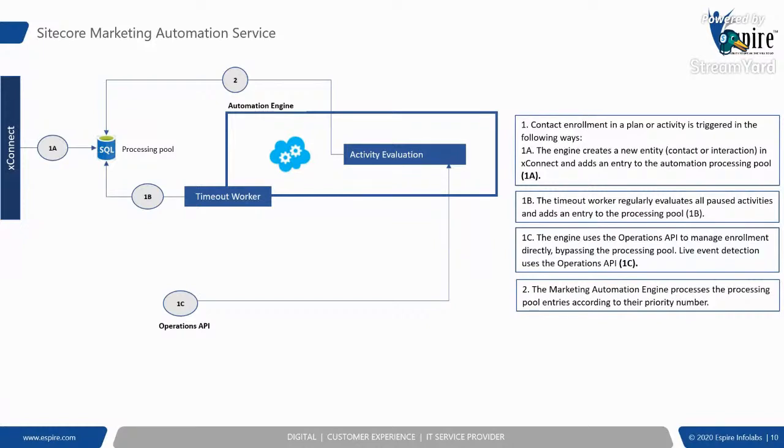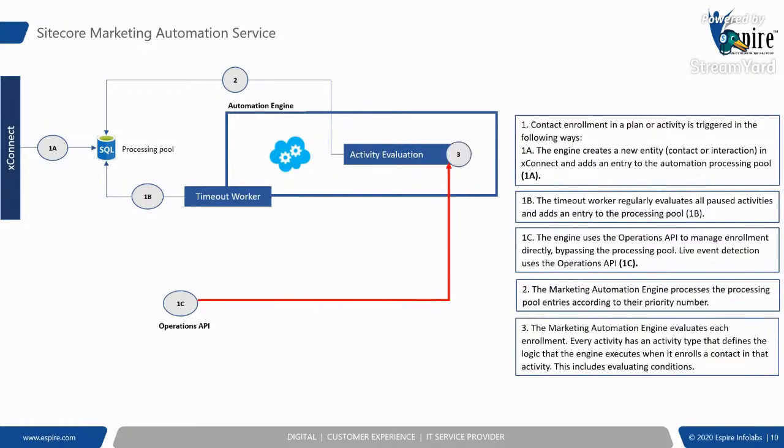Okay. Now the second part is, after enrolling our contact into a processing pool database, our marketing automation engine constantly processes the processing pool database and takes those contacts out of this database. And now after this, the third part is that marketing automation activities will evaluate all the contacts, which includes evaluating conditions.